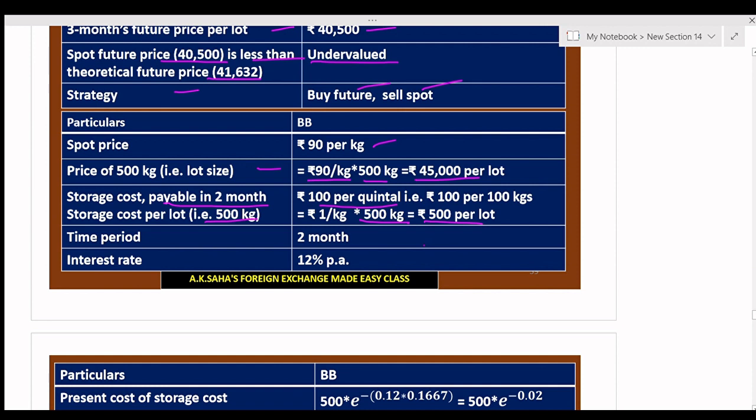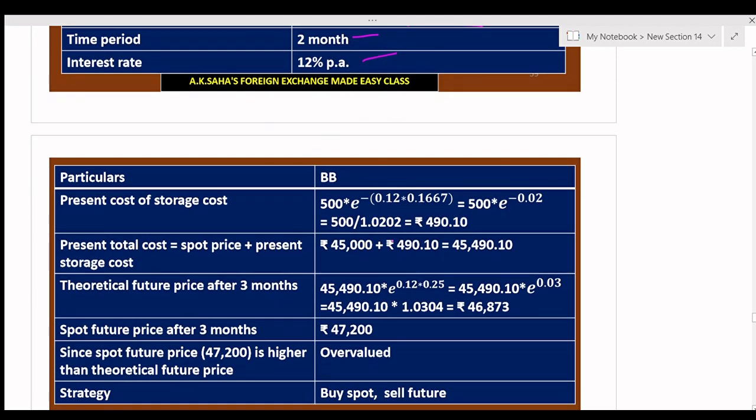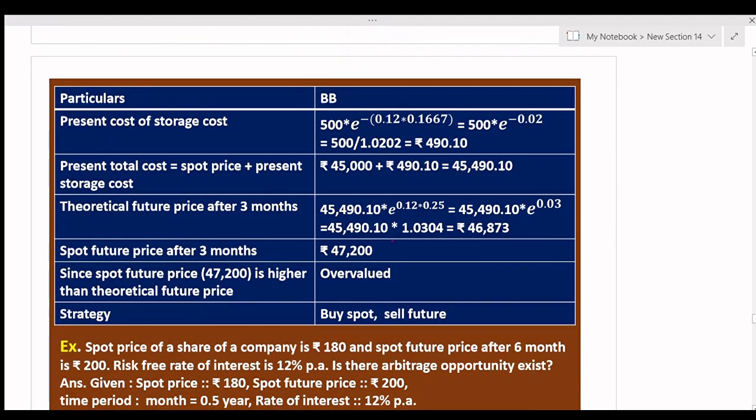The time period is 2 months. Interest rate is 12% per annum. Now the present cost of storage cost is rupees 500 into e to the power minus RT. Here R is equal to 12% and T is equal to 2 months, 0.1667. That comes to 500 into e to the power minus 0.02, that comes to rupees 490.10.